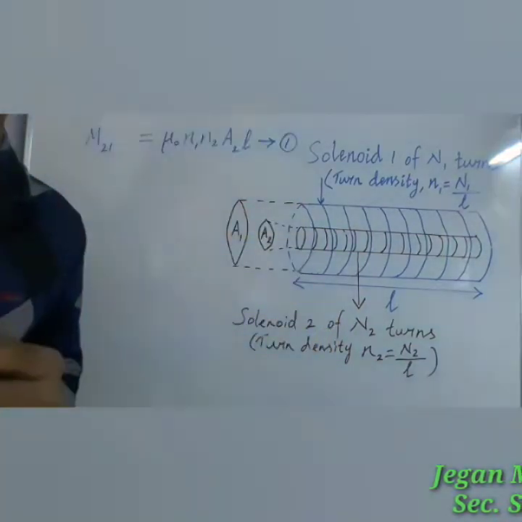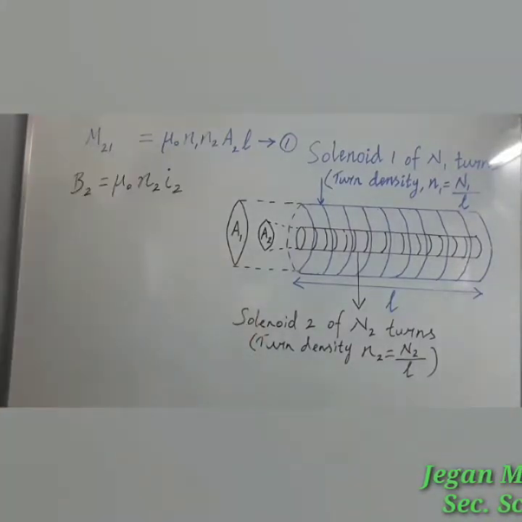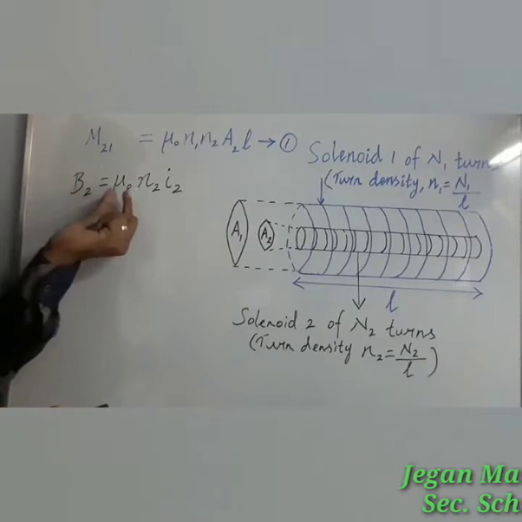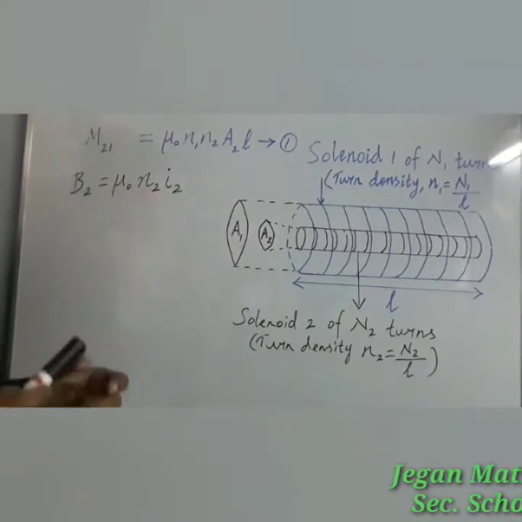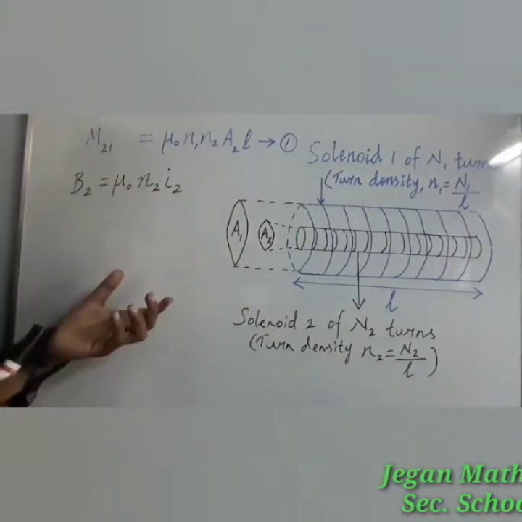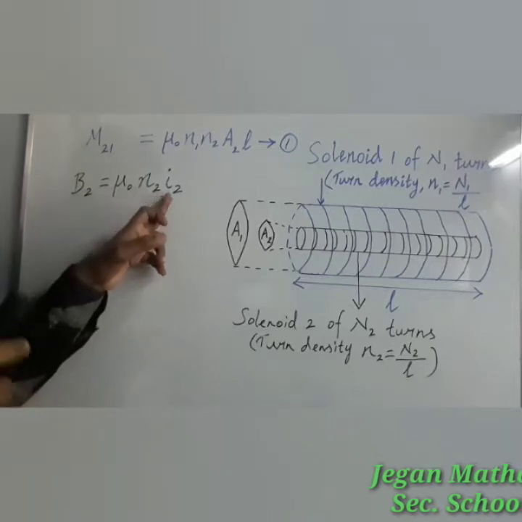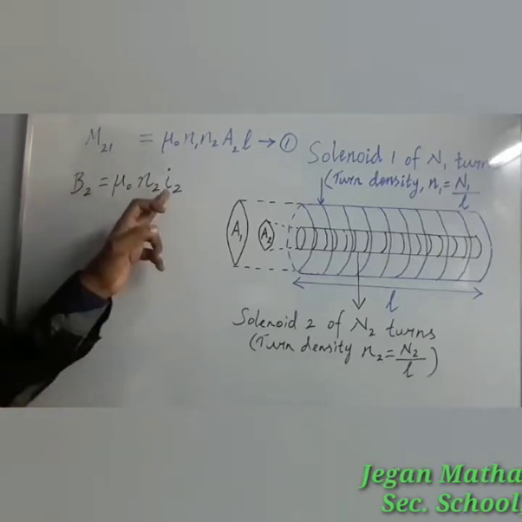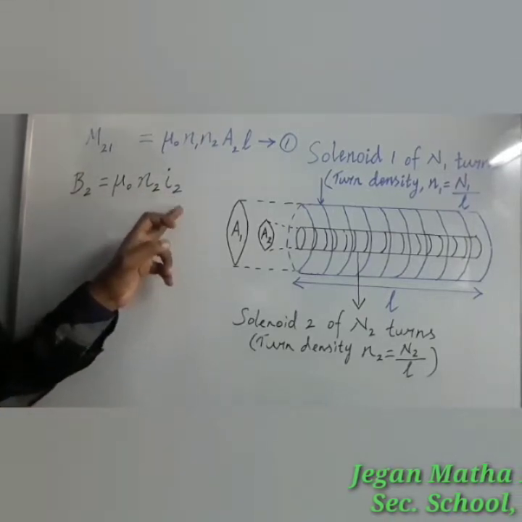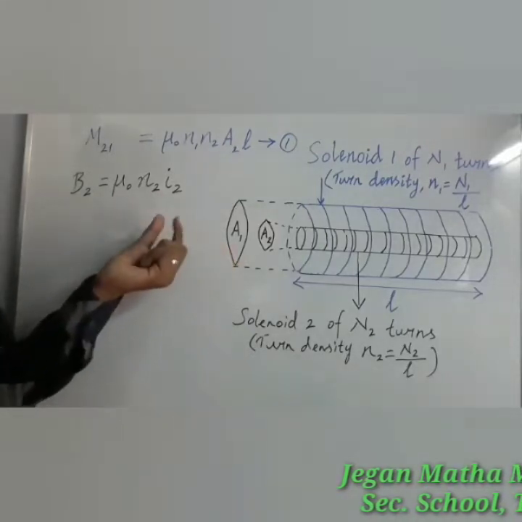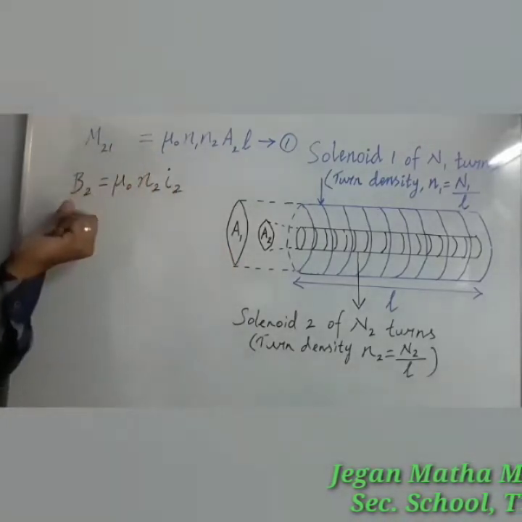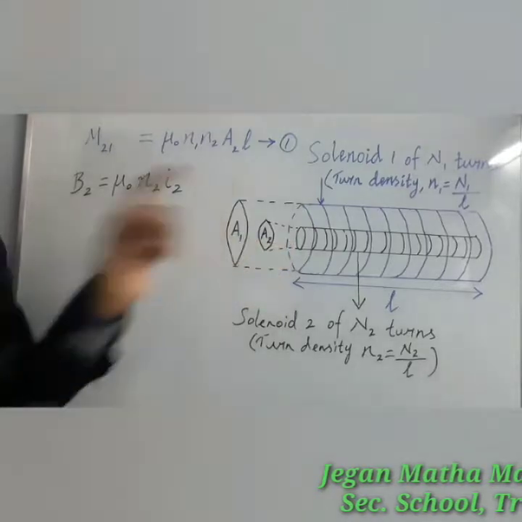So I am going to write the expression for B2, which is similar to the last case. But remember, n2 is the turn density of the second solenoid, and here the source of the magnetic field is I2. I2 is the current passing through the second solenoid, which is only responsible for the production of this magnetic field B2 in the second solenoid.